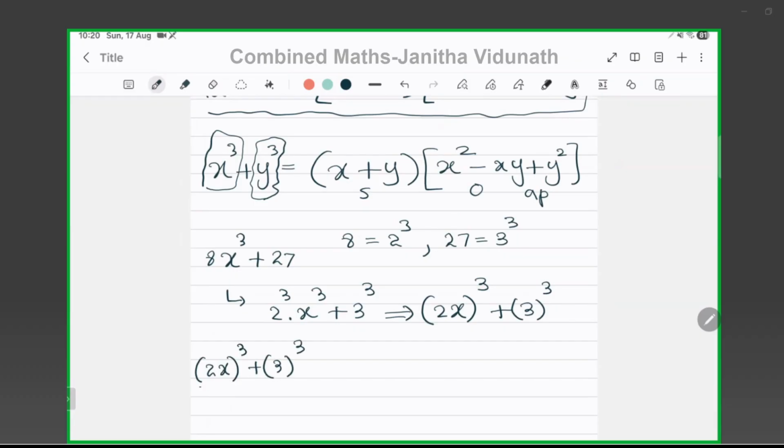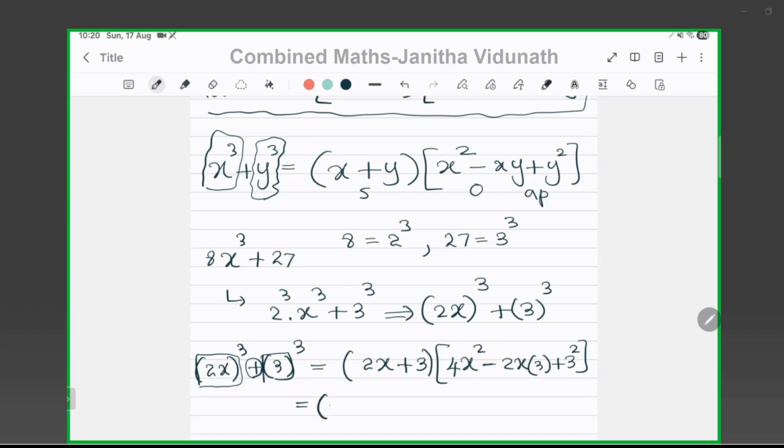Now we have two cubic terms and between them we have a plus sign. Then we can factorize this as first term plus second term, times the square of the first term 4x square, minus first term 2x times the second term 3, plus square of the second term.